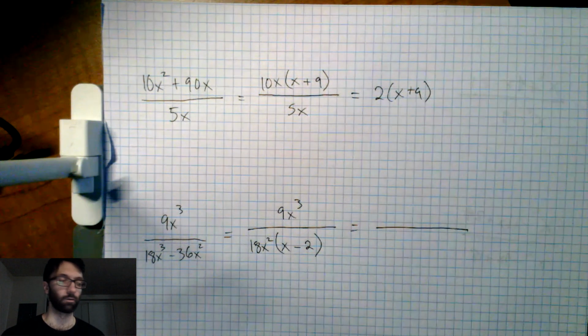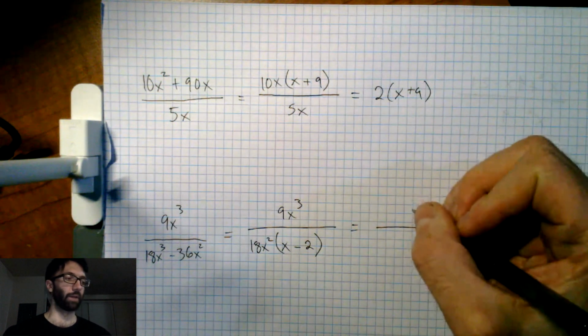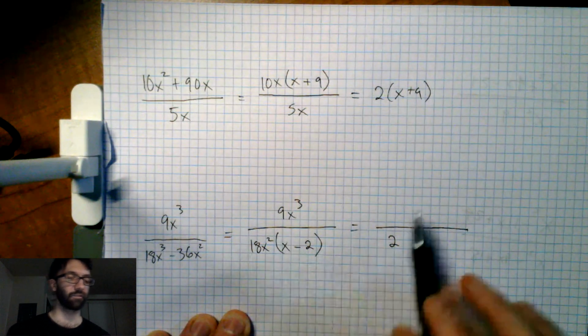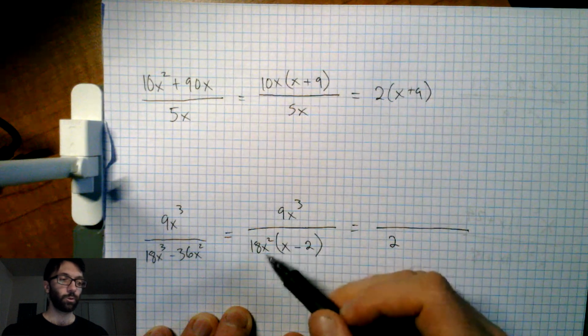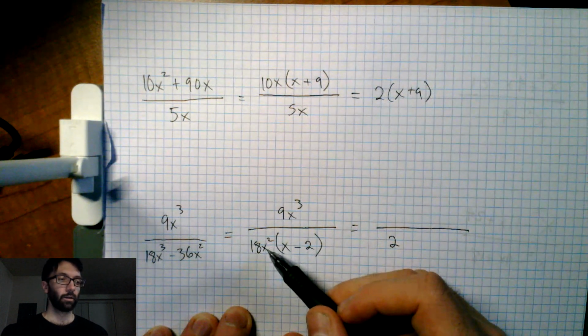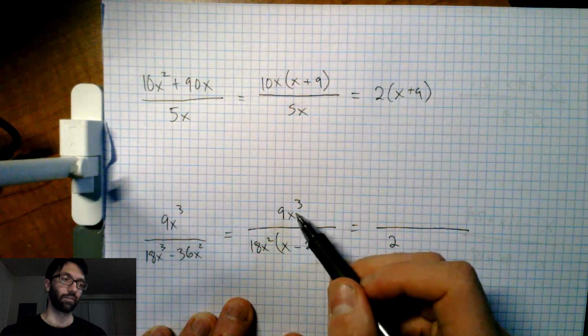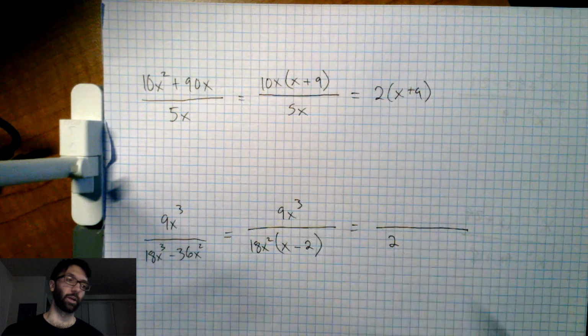But I'm going to have a 2 in the denominator, again, because 9 divided by 18 is 1/2. And then I have 2 factors of x in the denominator that are going to cancel with 2 of the factors of x up here, but since there's 3 factors of x in the numerator, I'm going to have an x left over in the numerator.